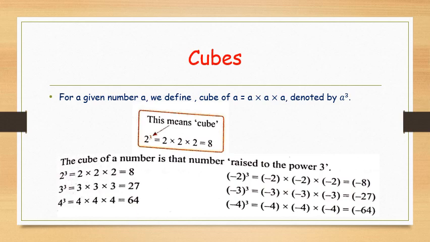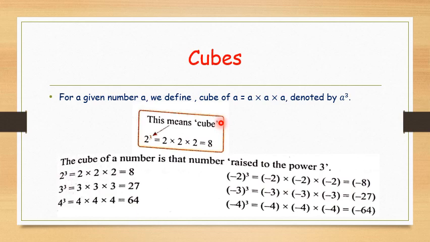For a given number a, we can define cube of a as a into a into a, denoted by a cube. Or we can say that the cube of any number a is the product of the number by itself 3 times.